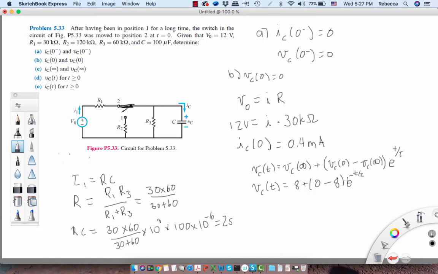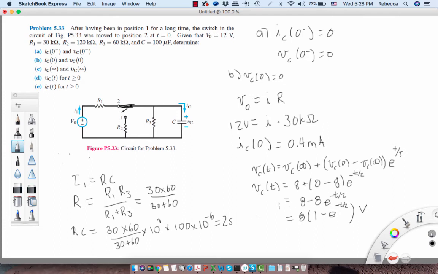We can write this as 8 minus 8 e to the minus t over 2. You can factor out an 8 if you want to: 8 times 1 minus e to the minus t over 2, and that will be in volts. So that is an expression for Vc at any time t.